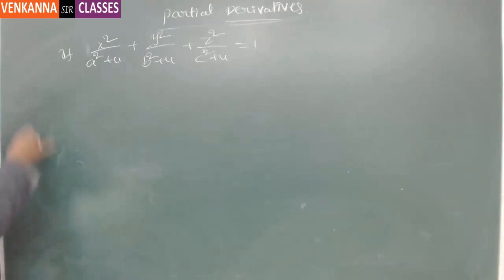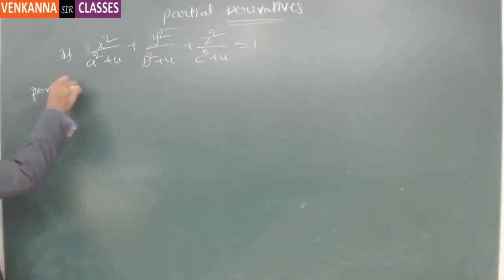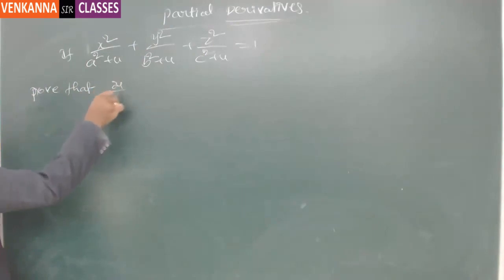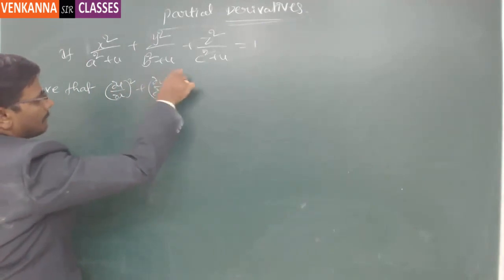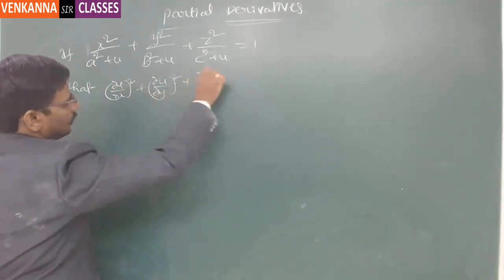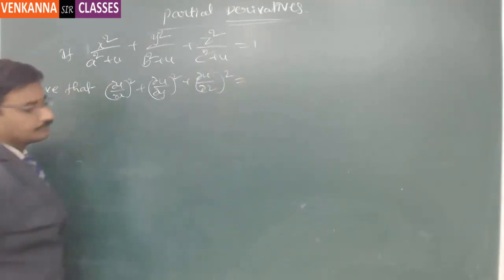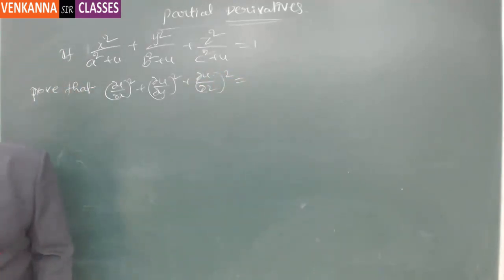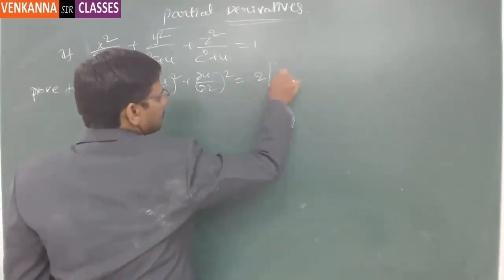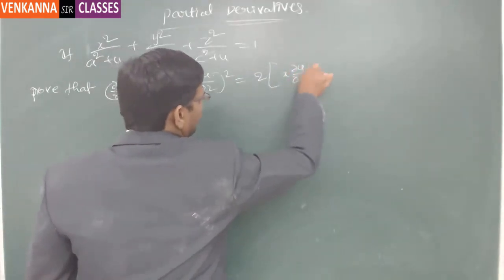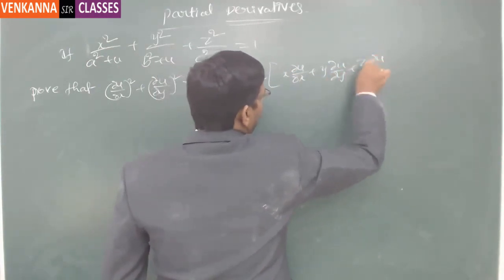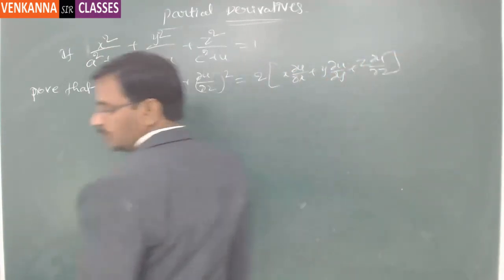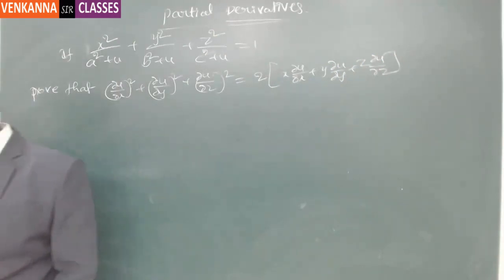Prove that (∂u/∂x)² plus (∂u/∂y)² plus (∂u/∂z)² is equal to 2 times (x ∂u/∂x plus y ∂u/∂y plus z ∂u/∂z). So can you prove this? Yeah. Can you prove this?